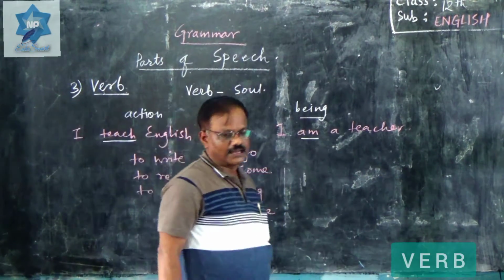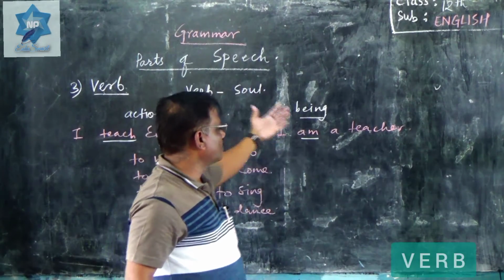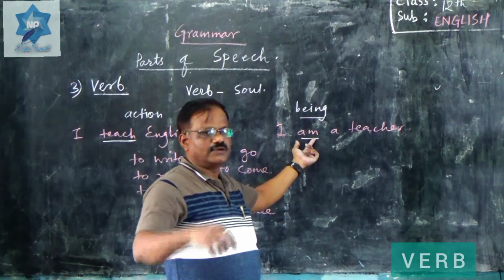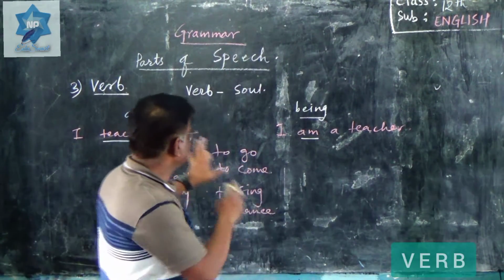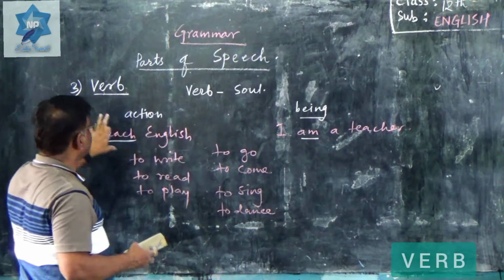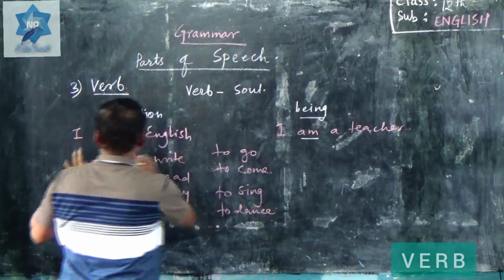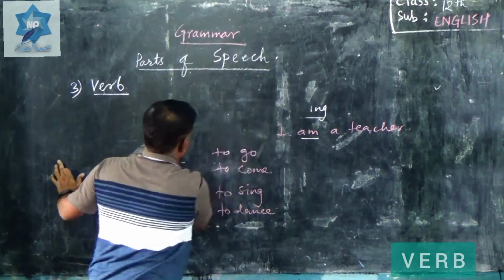About being, again here we will learn more about such kind of verbs when we will learn tense. So this much is only about the verb. Verb shows either action or being. This much you will have to learn here.